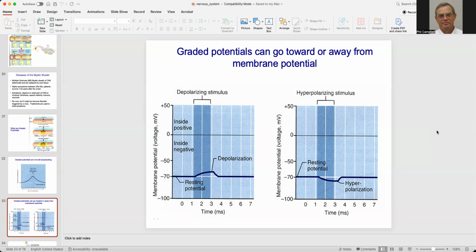Graded potentials, on the other hand, can go either towards zero or in the opposite direction. So they can either be depolarizing signals or hyperpolarizing signals. They can either go towards zero, depolarization, or away from zero, hyperpolarization. Completely unique to graded potentials.